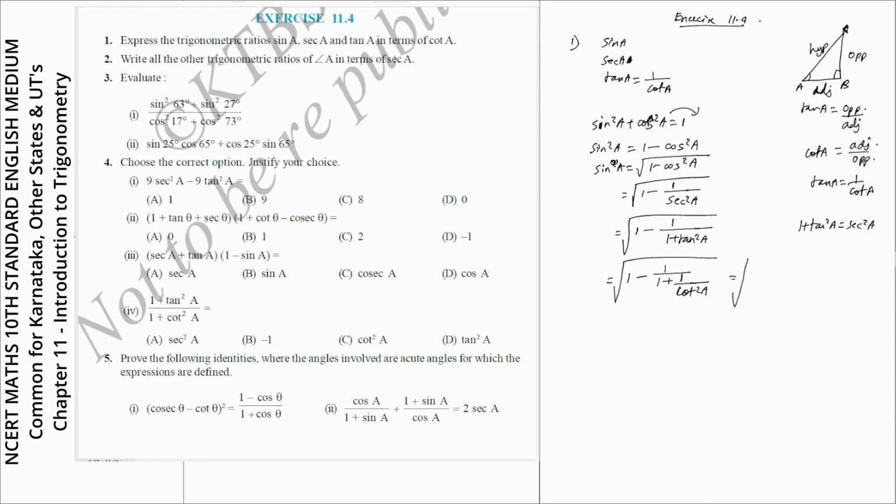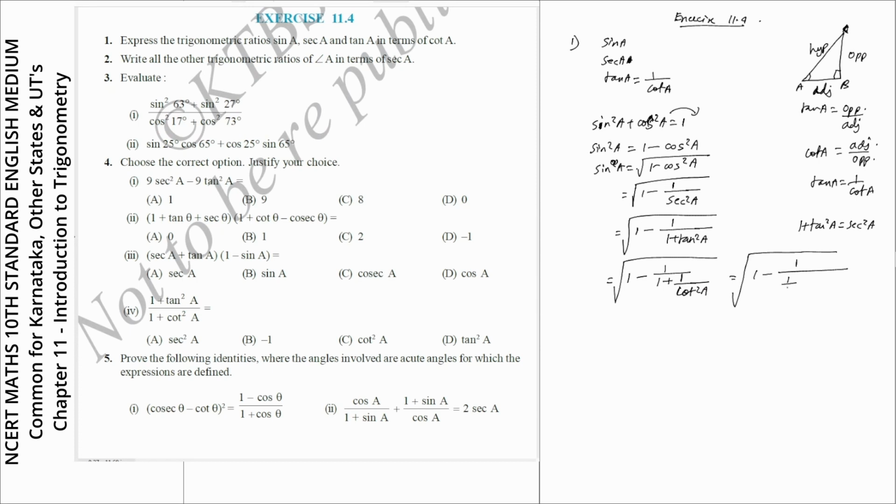Now this is equal to 1 minus 1 by, now I'll take the LCM. I'll write one more step.